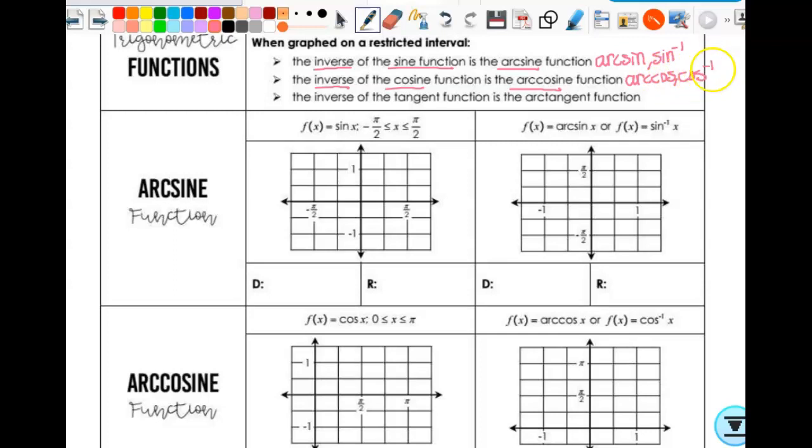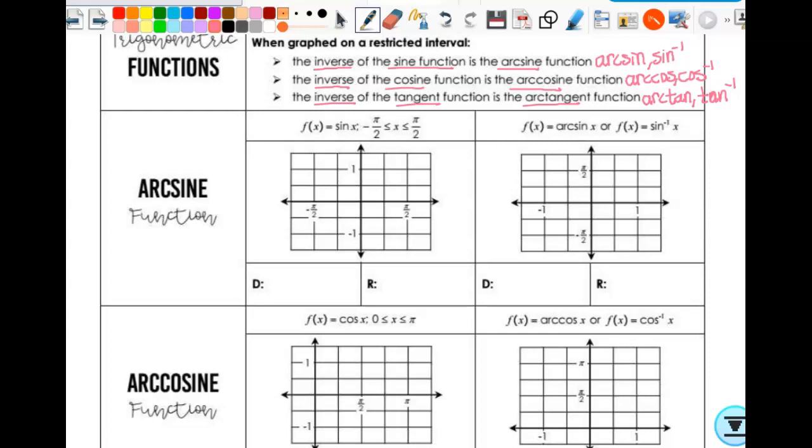The inverse of the tangent function is the arc tangent, or tangent inverse. Alrighty, sound good? The same inverses as we talked about when you've done it before.